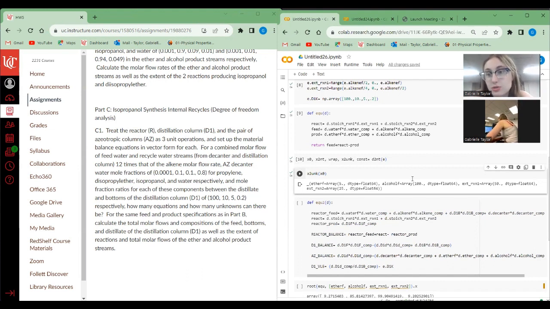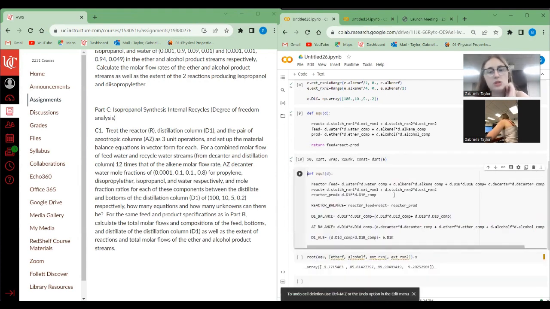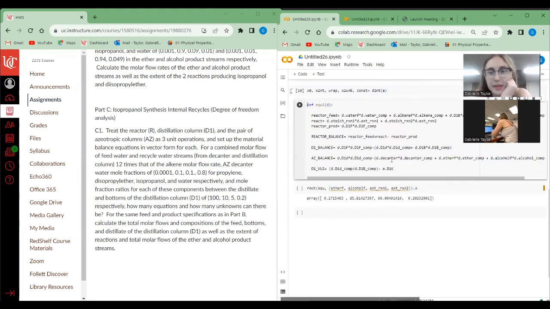So let's look down at equation 2. It says over on this side, combine the molar flow of the feed of the water and the recycled is 12 times that of the alkene molar flow rate, right? So let's come over here and write this down.